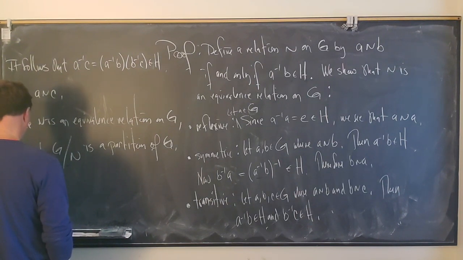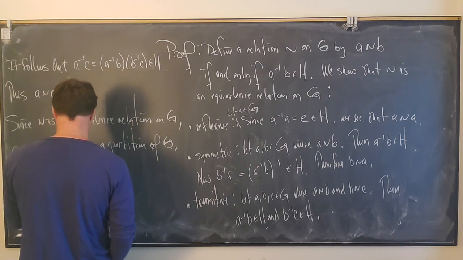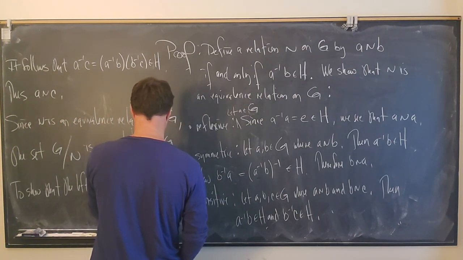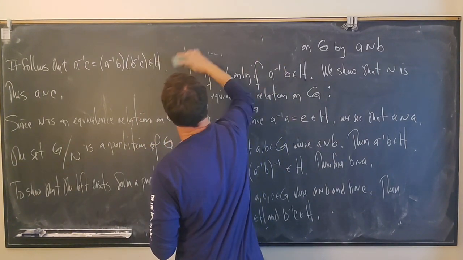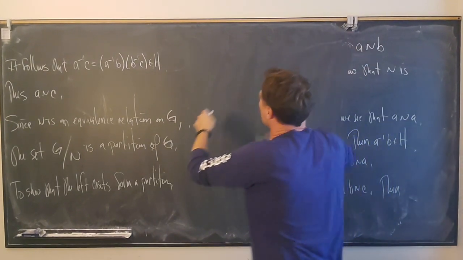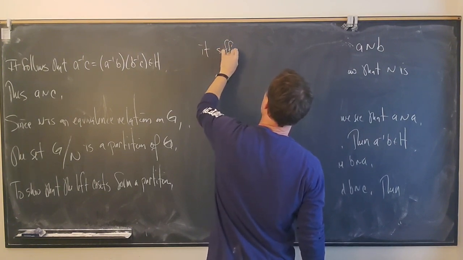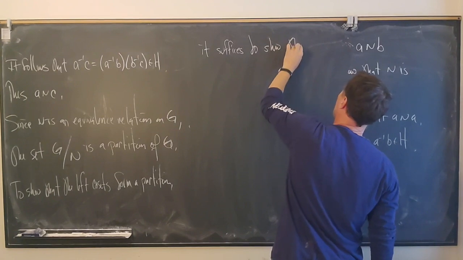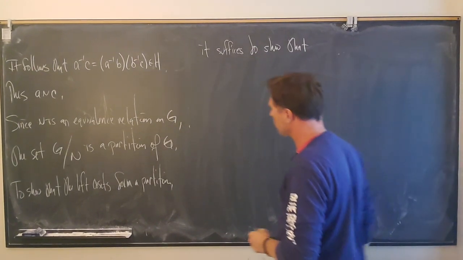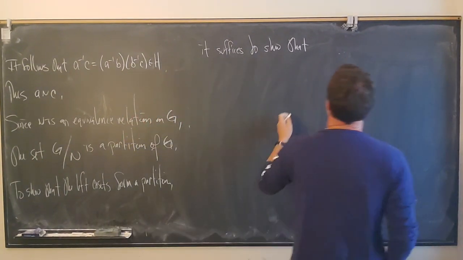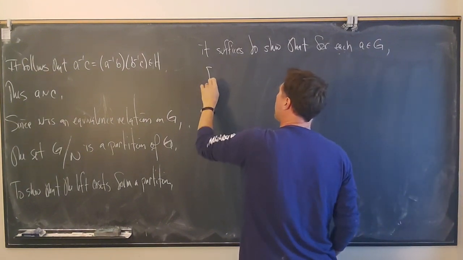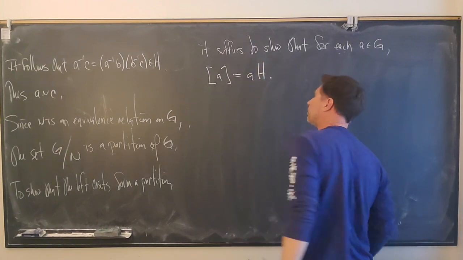All right, so to show that the left cosets form a partition, it suffices to show that for each little a in capital G, the equivalence class of A is equal to the left coset AH.